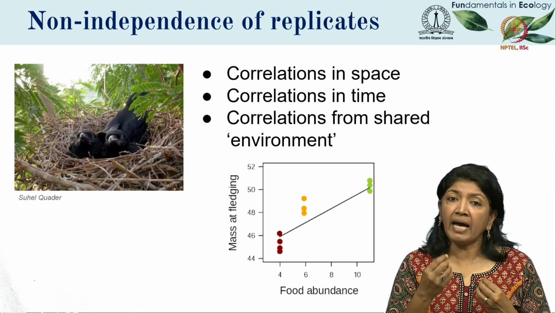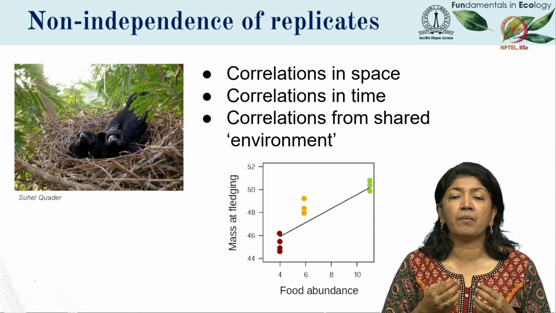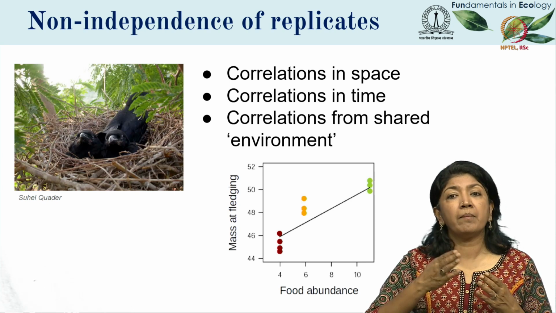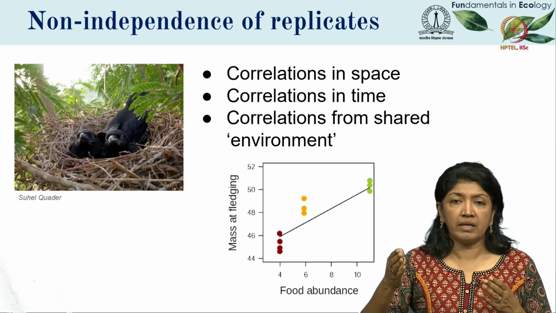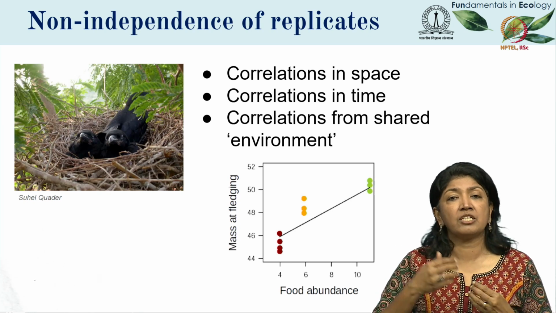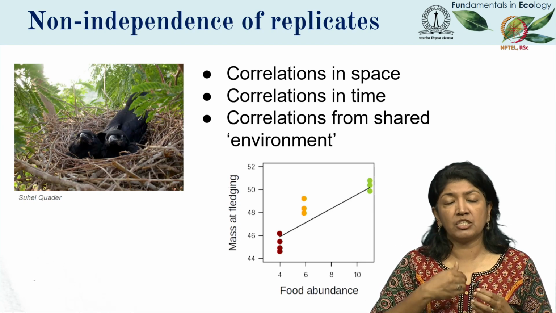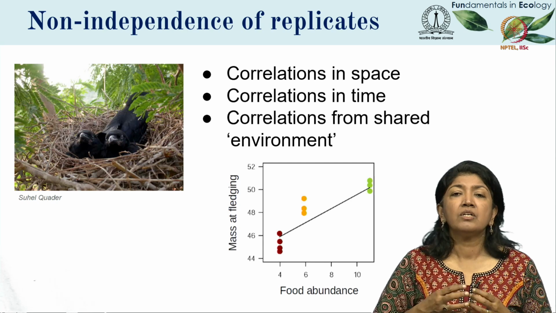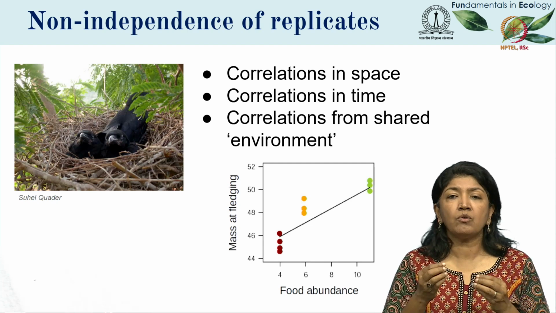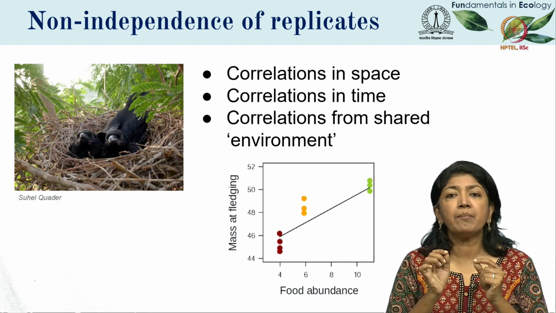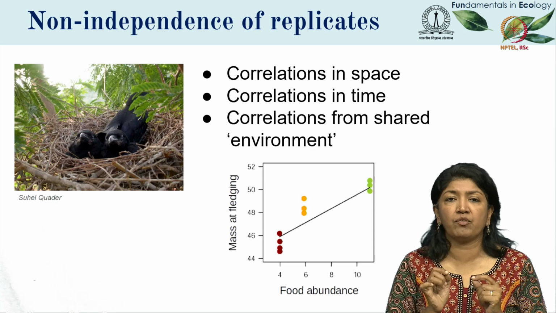And if we have such correlations in data points, we have to measure a larger number of chicks in this case, or a larger number of clusters, or a larger number of males within a cluster, so that we can account for two data points not really providing independent pieces of information.